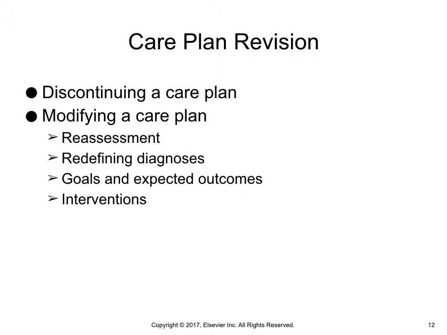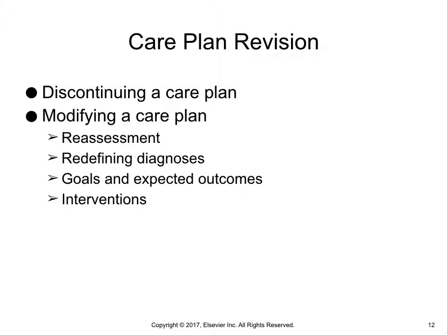Care Plan Revision. If your patient meets a goal successfully, discontinue that part of the care plan. Unmet and partially met goals require you to continue intervention. It also may be appropriate to modify or add nursing diagnoses for a new plan of care with appropriate goals, expected outcomes, and interventions.